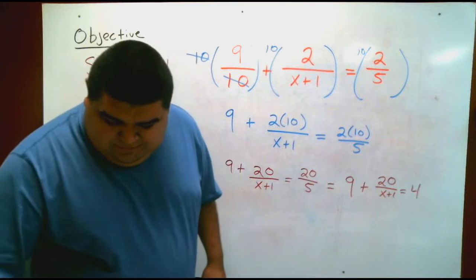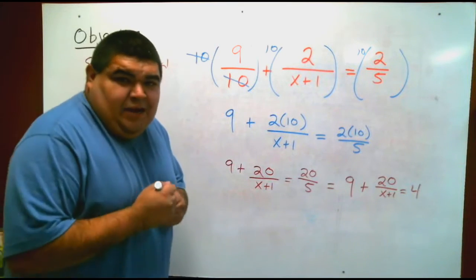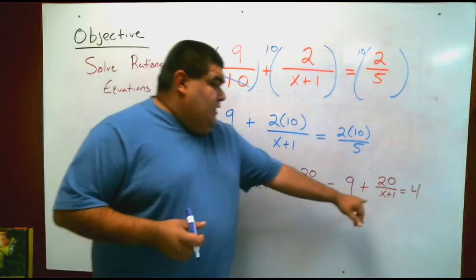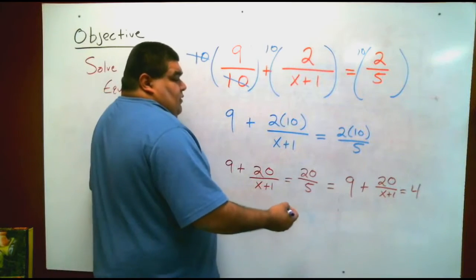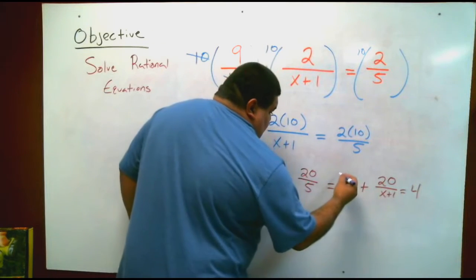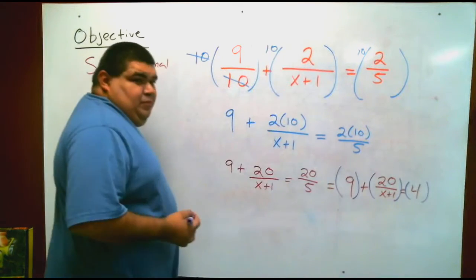Again, now this time we're going to get rid of x plus 1. Again, we're going to multiply everything by x plus 1.